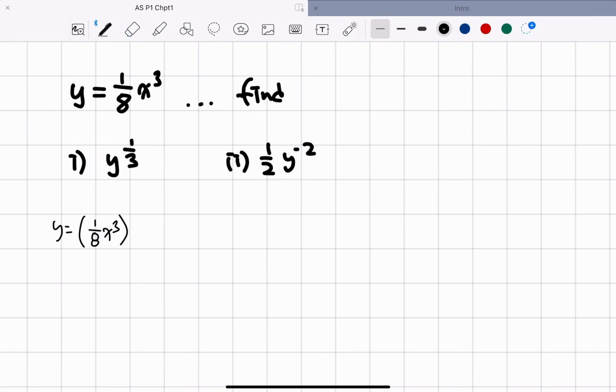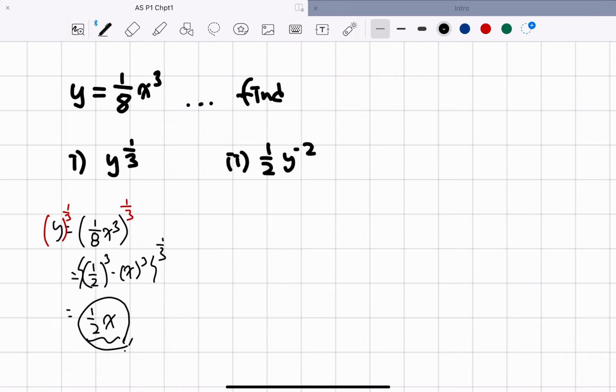We know that 1 over 8 equals 1 over 2 cubed, and x cubed is just x cubed, so we can simplify to 1 over 2 x, right? This is quite a simple question.